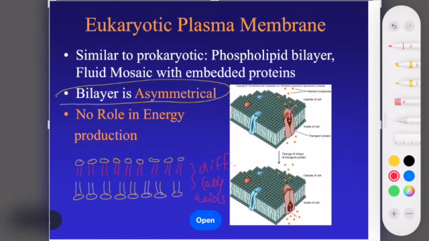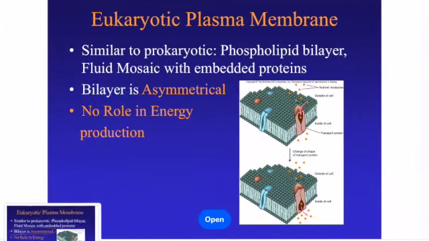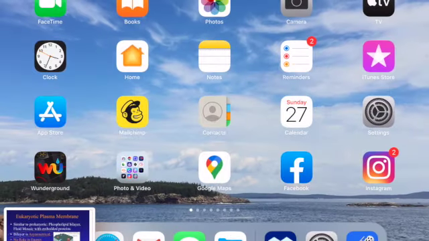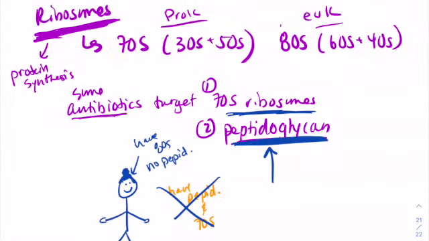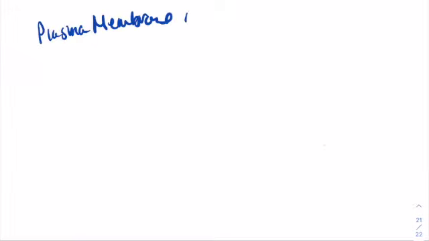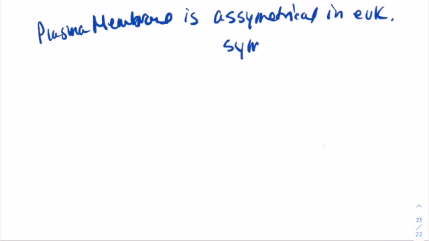Okay, so plasma membrane is asymmetrical in eukaryotes, and it is symmetrical in prokaryotes.